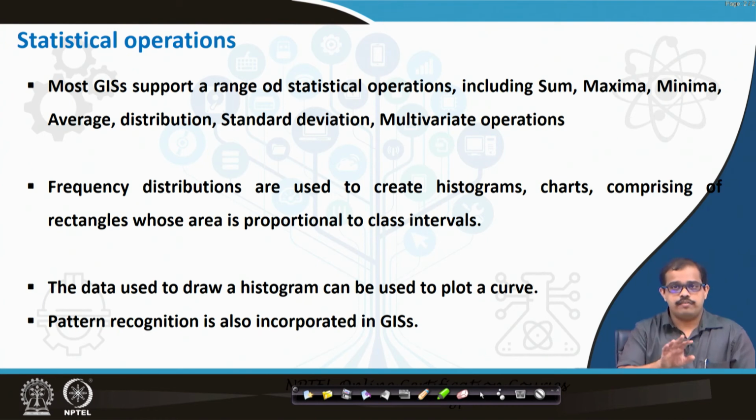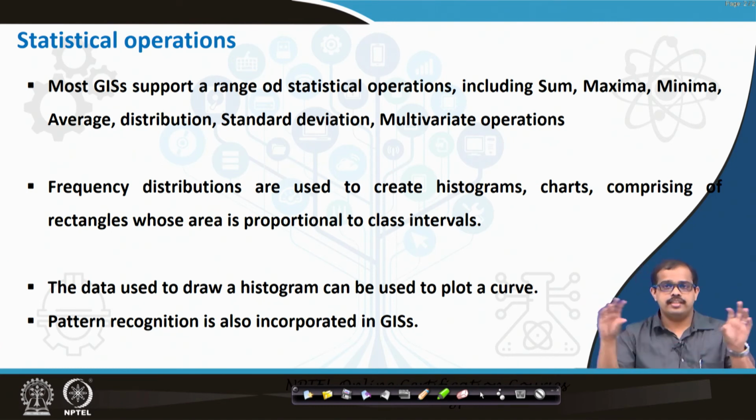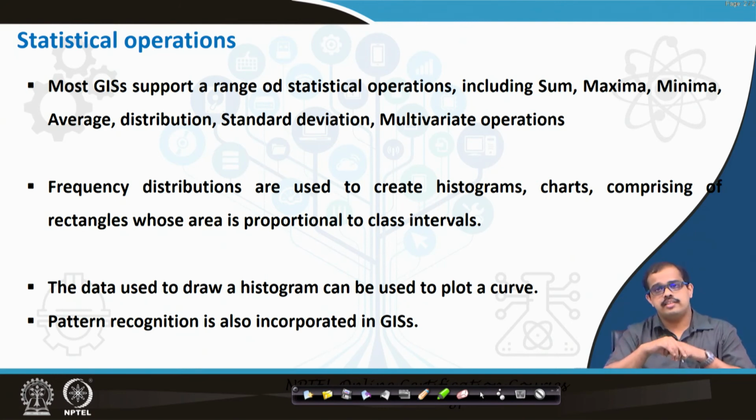One very important aspect of GIS is a case study of many cities of India, probably at the end of this course, where I would show you how pattern recognition is applied on these cities. That is just a part of how GIS can be effectively used for analyzing the situation.